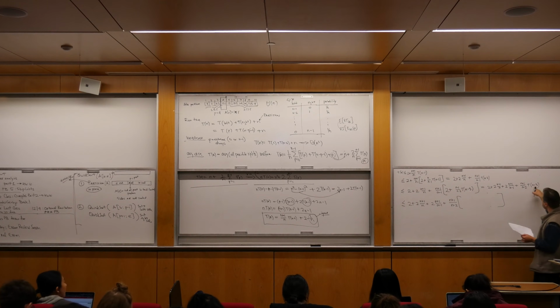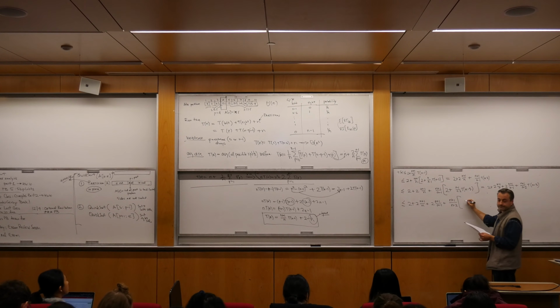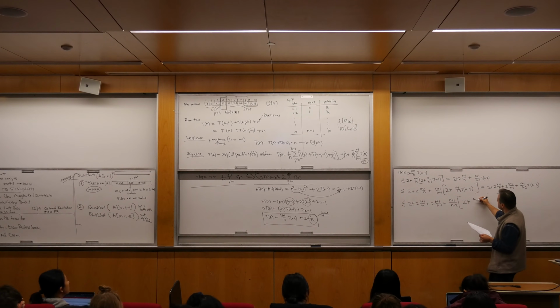What do I get here? Now I'm expanding t of n minus 3, right? Is what? 2 plus n minus 2, right? Divided by n minus 3, t of n minus 4.